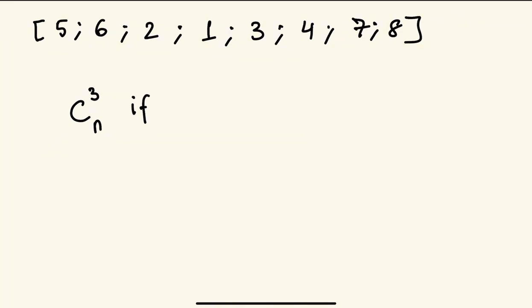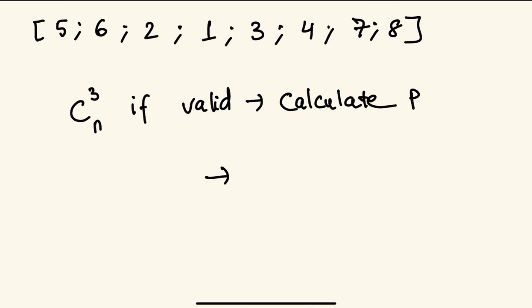They would keep that one and calculate the perimeter, and then compare it with a temporary variable. If P is bigger than TMP, then update TMP equal to P. So that's how they think.